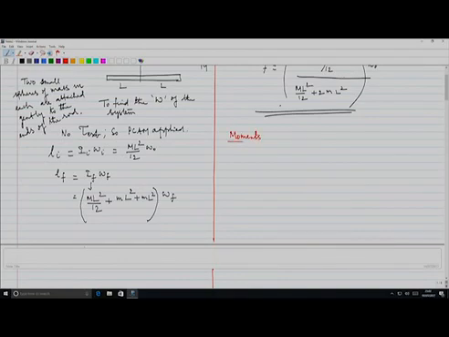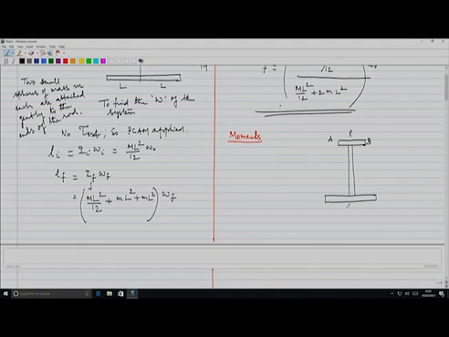Okay, the problem is like this. I have length L. Like this, the length is L. Then we have A, here B. Then we have here this length is 4L.